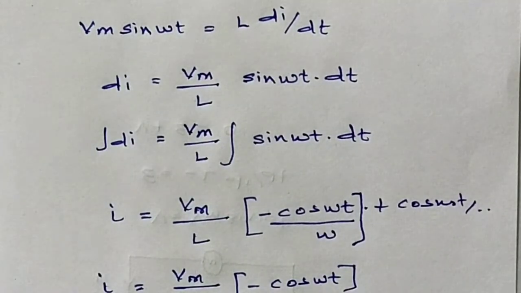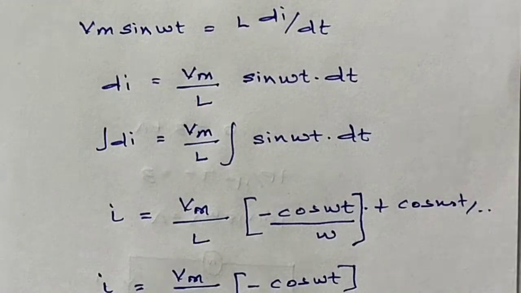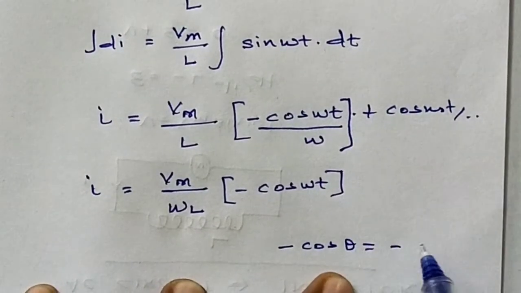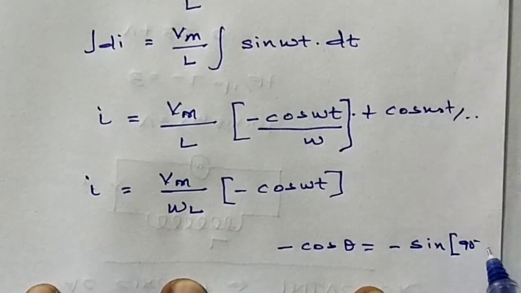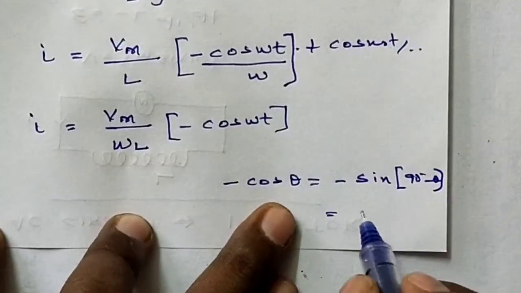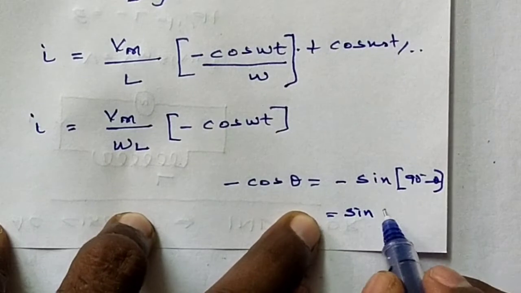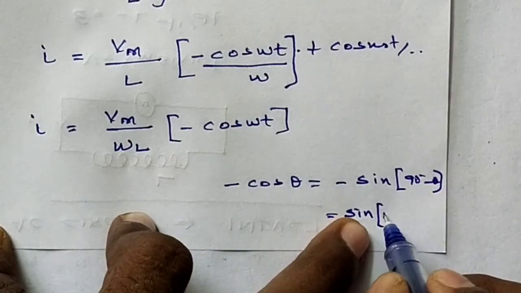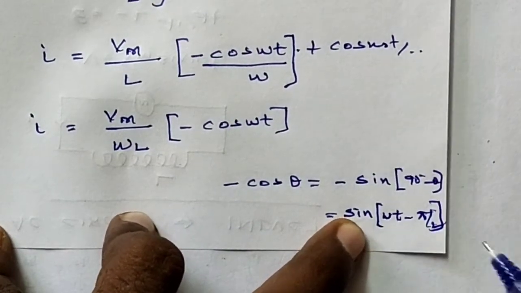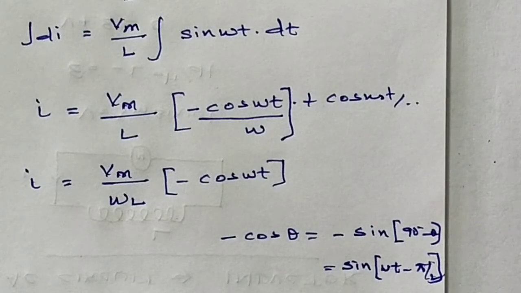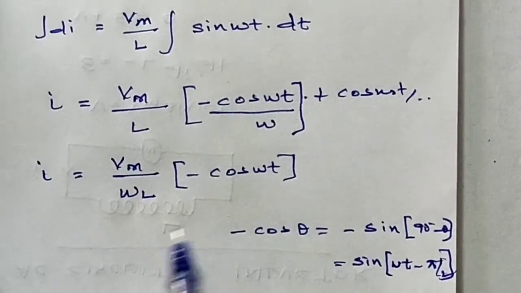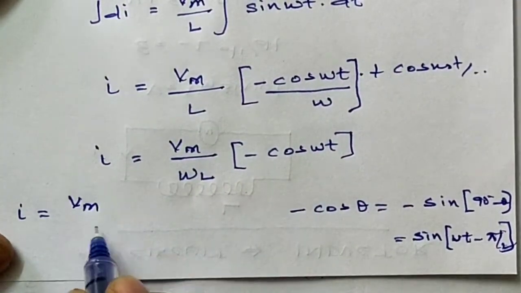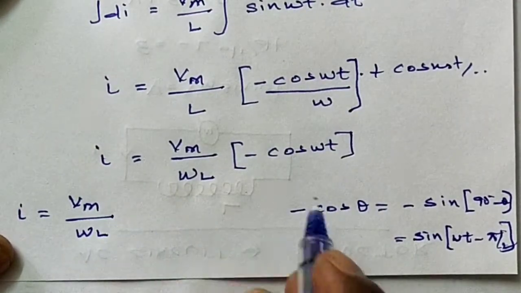Here we consider minus cos theta, which can be written as minus sin of 90 degrees minus theta. Since theta is omega t and 90 degrees is pi by 2, substituting gives I equal to Vm by omega L sin of omega t minus pi by 2. Why are we changing the sign?